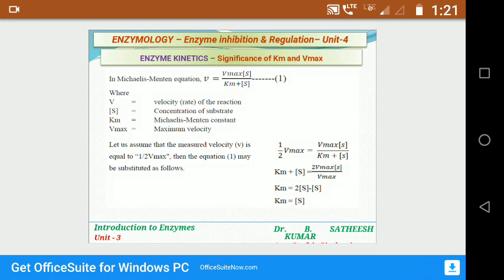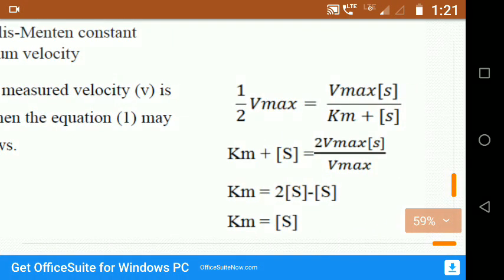If we assume V equal to 1 by 2 of Vmax and substitute it in the Michaelis-Menten equation, we will get 1 by 2 Vmax equal to Vmax S by Km plus S. Then moving the two to the right hand side, we get Km plus S equal to 2S, and taking the variables to the left hand side, finally we get Km equal to S.